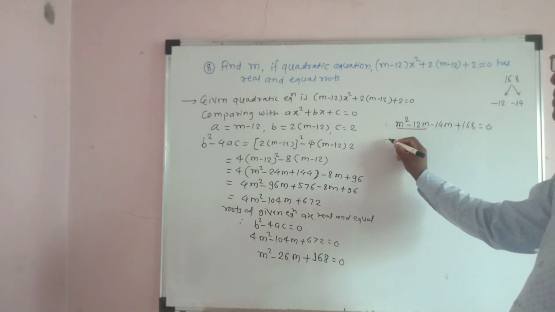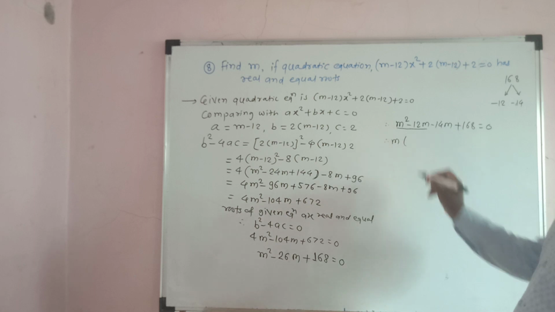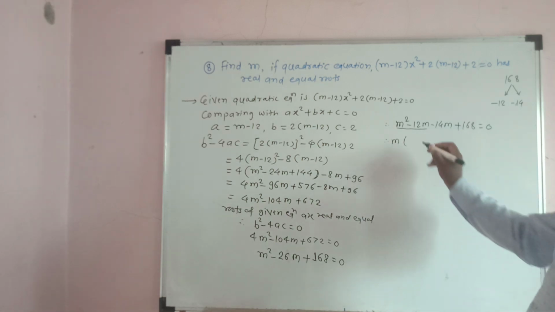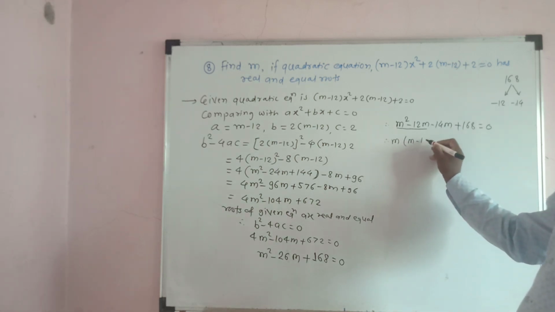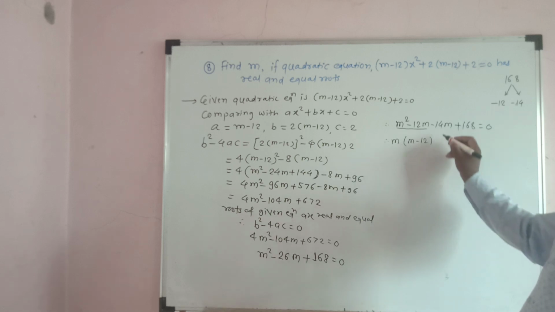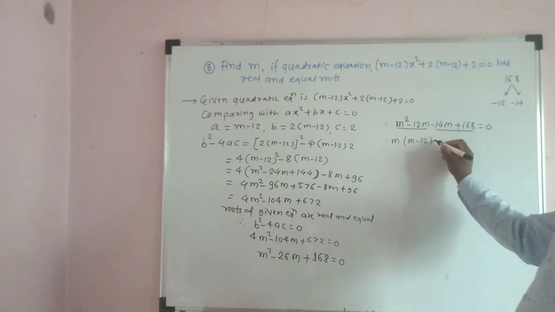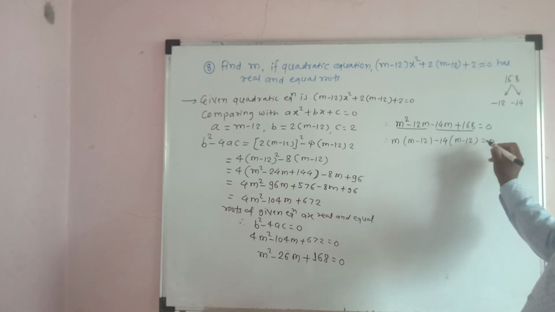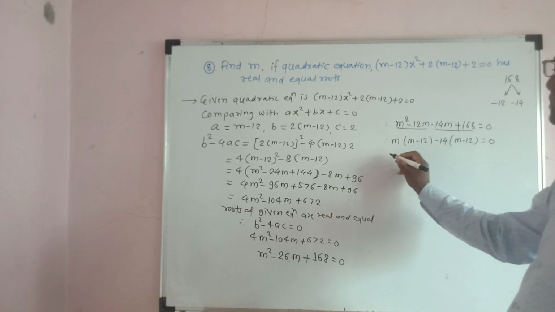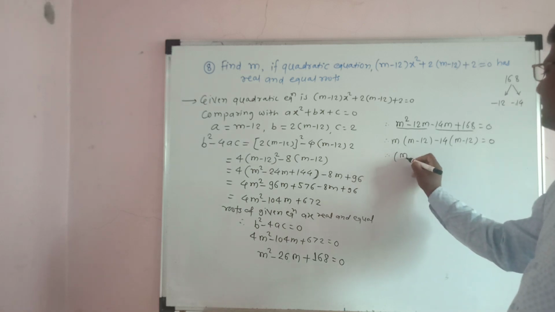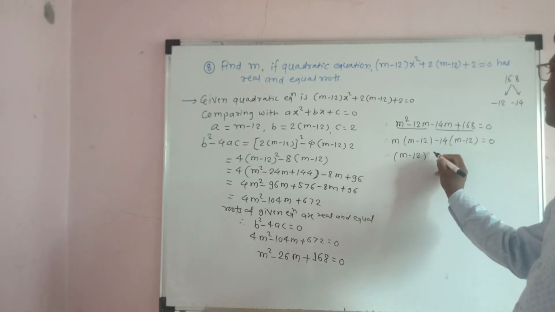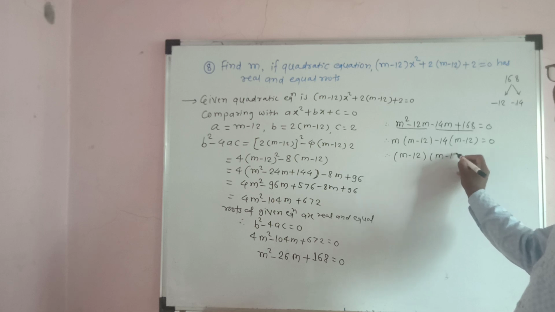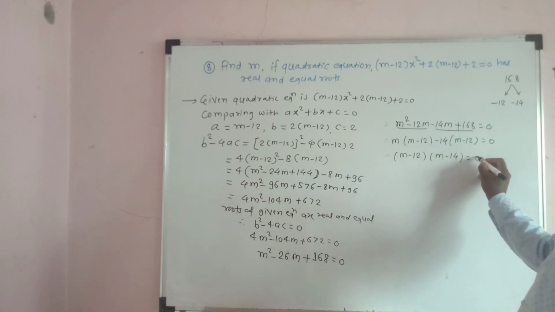Take m common in these two terms, so what remains in the bracket is m − 12. Take −14 common, so in the bracket m − 12. So we have (m − 12)(m − 14) = 0.